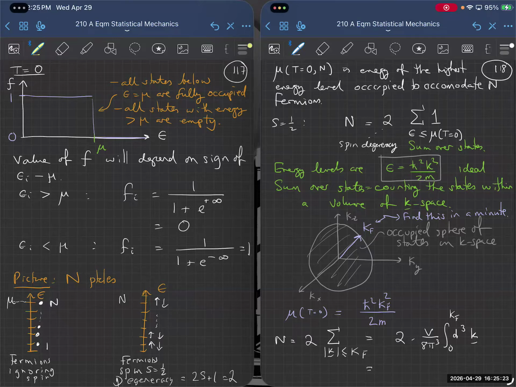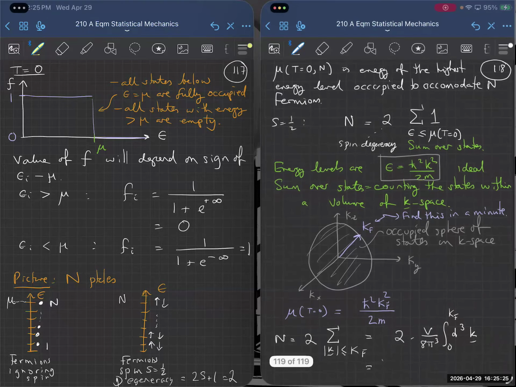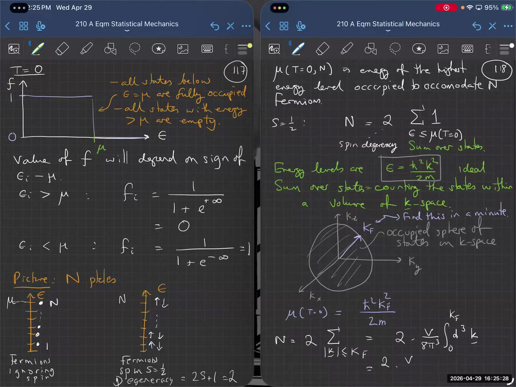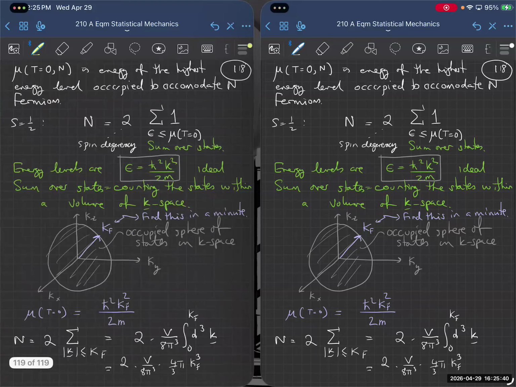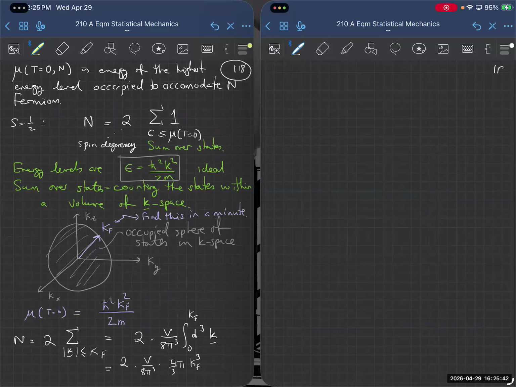We're integrating over the volume of the sphere, so this is 2 times V over 8 pi cubed times 4/3 pi k_F cubed, because that's the volume of a sphere in 3 dimensions. And so k_F is equal to (3 pi squared n over V) to the 1/3 power.